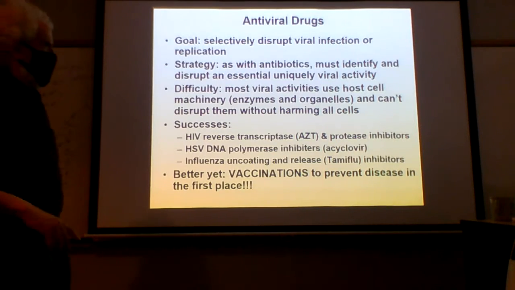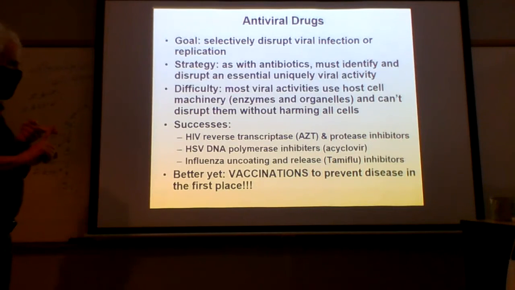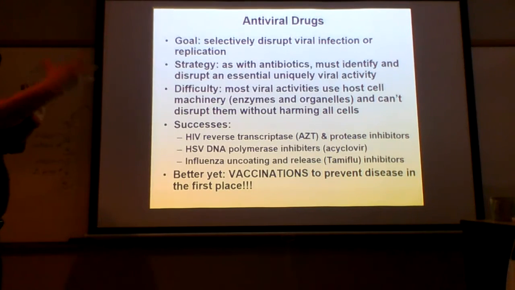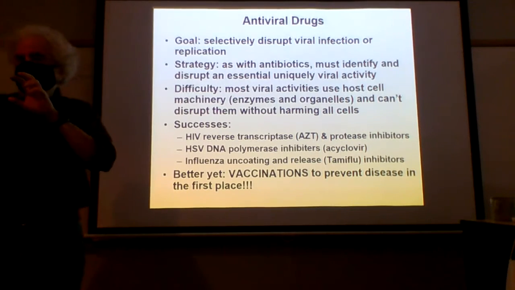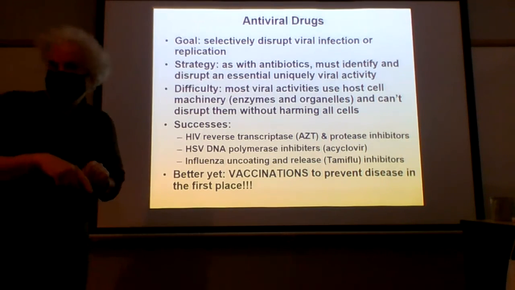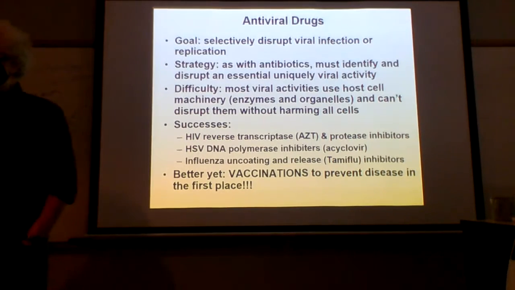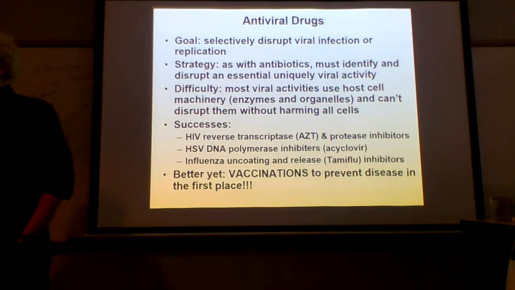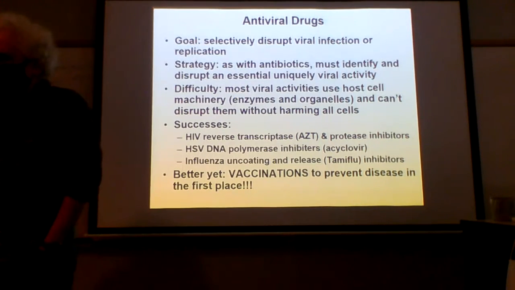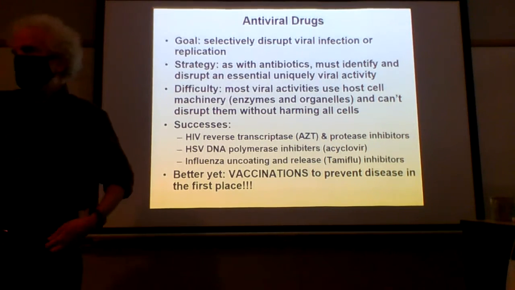And so a couple of things you can do is you can block the ability of a virus to get into the cell. And you may have heard of Tamiflu. This is a drug that is given when people start to show signs of the standard flu, and it can actually reduce the longevity of the disease.